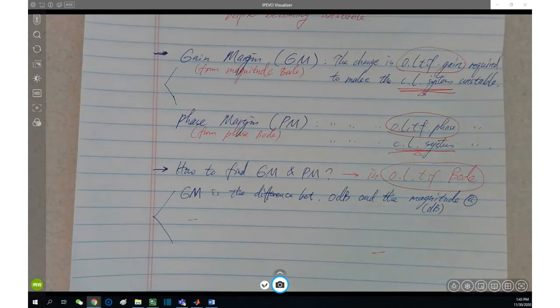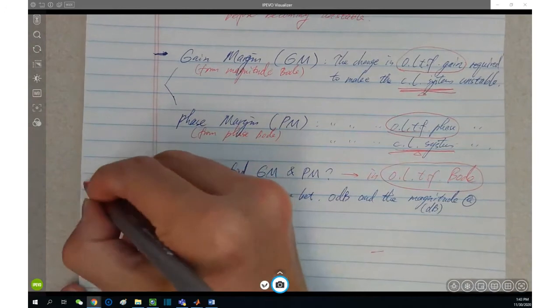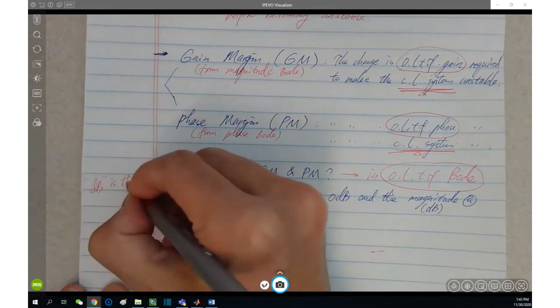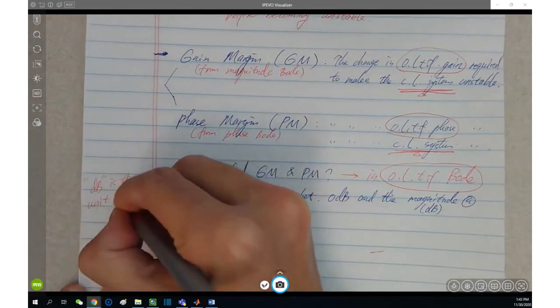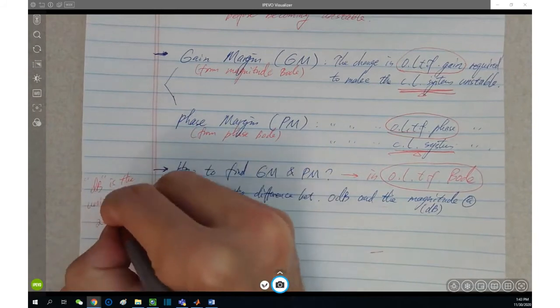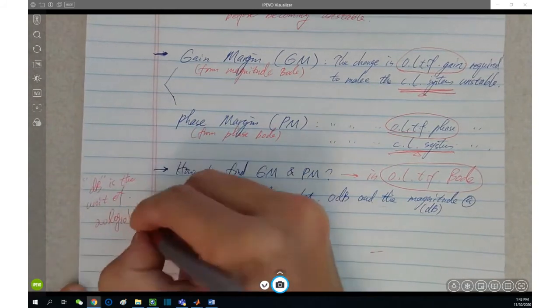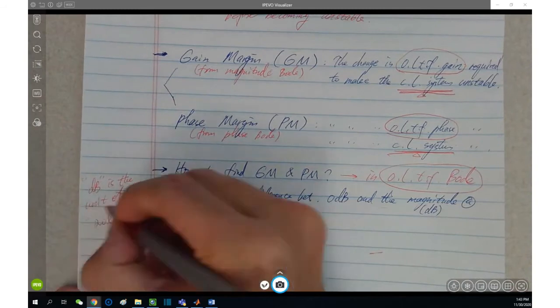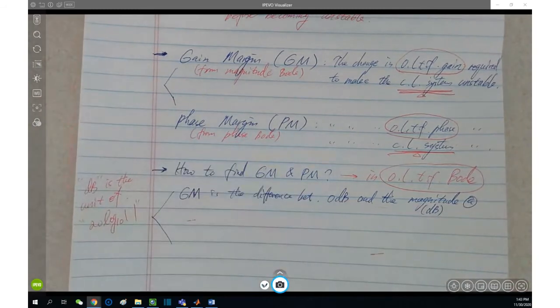What does it mean by dB? dB here is the unit of 20 log 10 of your magnitude, right?